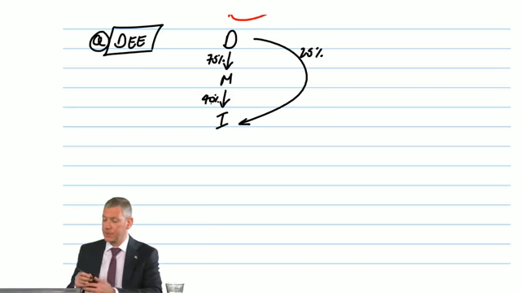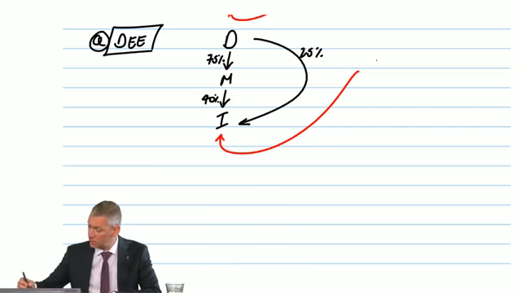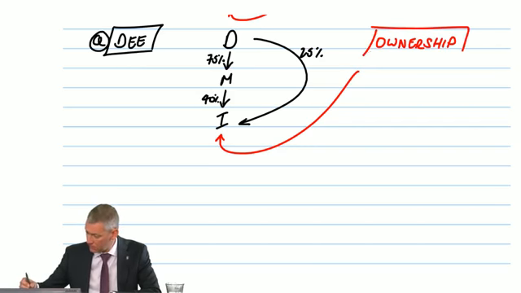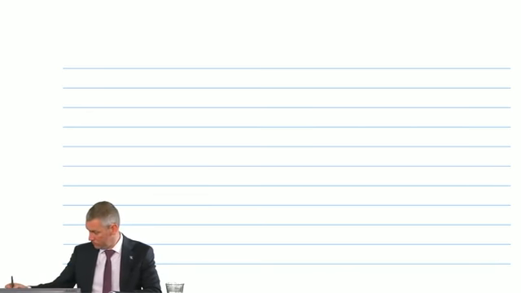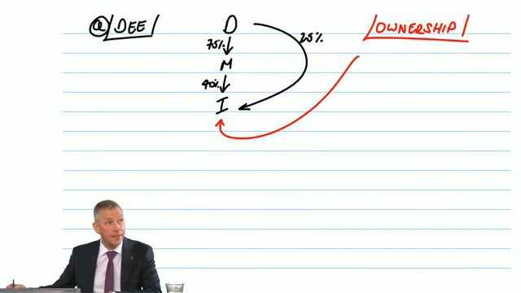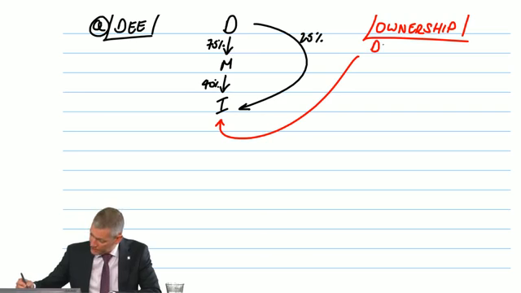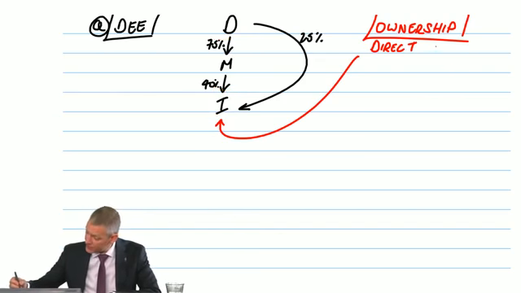Now, this extra complexity in complex groups introduces some extra language. The extra language is direct and indirect. The direct ownership of D in I is 25%.